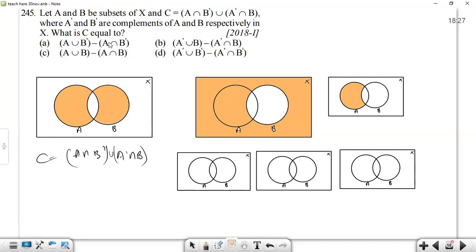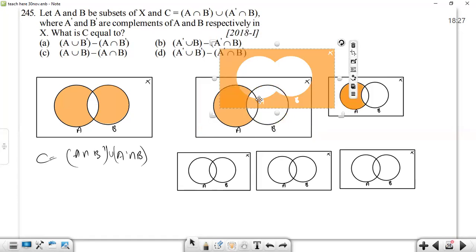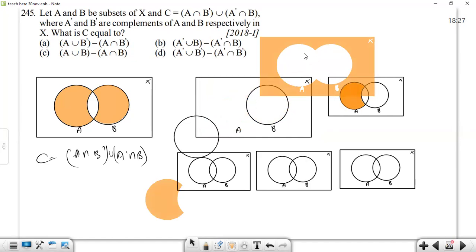So now if we have to subtract this particular region from here, we have to just bring this moon of A. This moon of A. Yes.